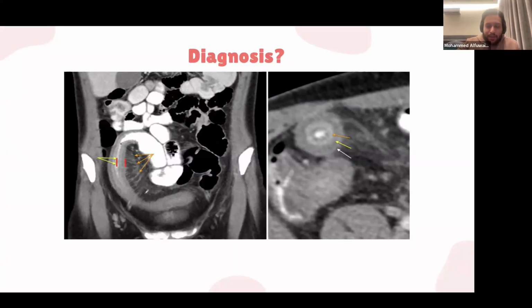It's transmural, exactly. So this involved the entire wall. Look at the normal wall of the bowel over here. It's thin. Here you have a very thickened wall. It's involving the entire wall. As well as that, there's this in the mesentery. This is what we call a comb sign, like a comb, because it's involving the mesentery as well. So this is why I can say that this is Crohn's.